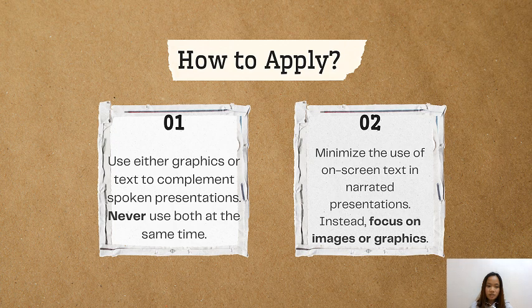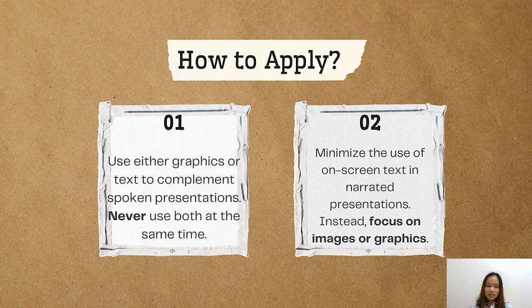Now, how do we apply this principle? First step, we use either graphics or text to complement spoken presentations. Never use both at the same time. I think it's a common mistake of a lot of presenters that they read from the slides. Even teachers. Even personally, I make the same mistakes sometimes.